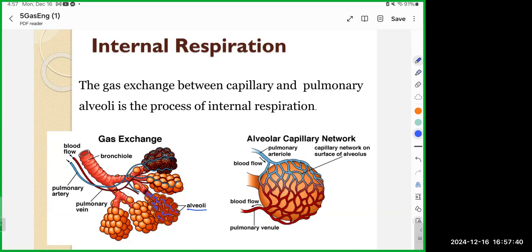And when it is flat, the efficiency to absorb oxygen and the efficiency to release carbon dioxide would be abruptly decreased. So we need to hold the volume of the alveoli to hold this form and maintain the efficiency of the gas exchange.